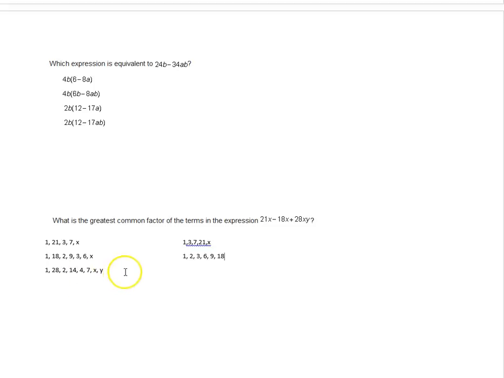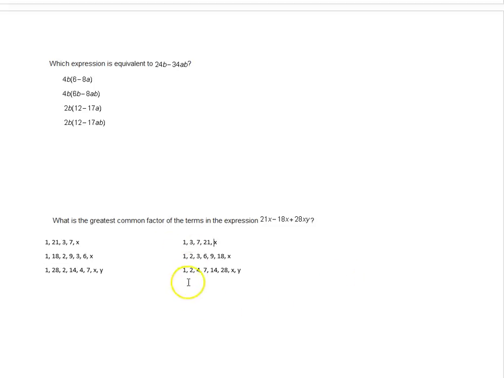When we do mean, median, mode, we like to have our numbers in order to make it easy for us to see what is going on. All right, I believe I have gotten all of the numbers. Oh, I can see one problem up here with this list. I forgot to put the x there. Okay, so now we have a nice list in order, so it's going to be a little easier for us to see numbers that match up.